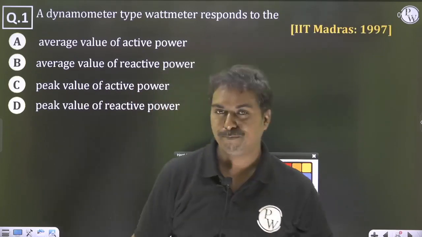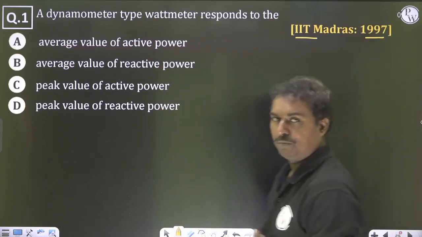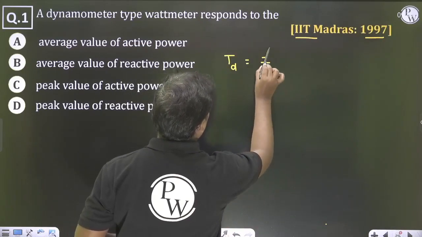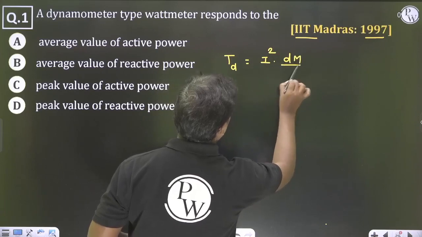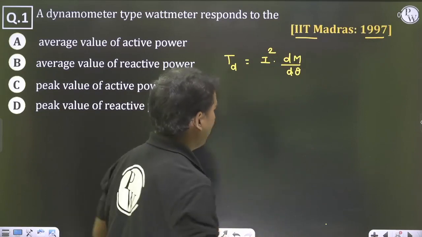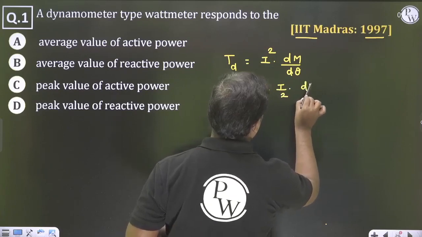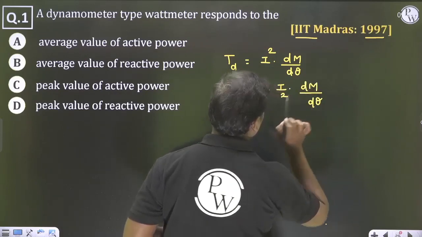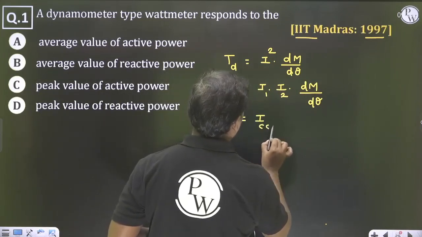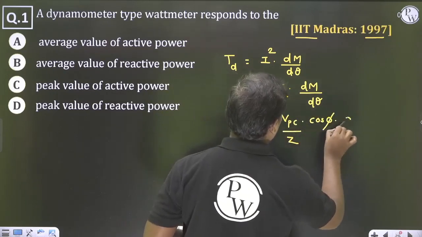So how to do this? This question was asked in the IIT Madras 1997 GATE examination. As all of you know, the deflection torque in the dynamometer is given by I squared dM by d theta, where I is the current. But we have 2 coils, current coil and pressure coil, so we can write I1 into I2 dM by d theta. When you apply the concept of pressure coil and current coil, this becomes V_PC by Z cos phi dM by d theta.